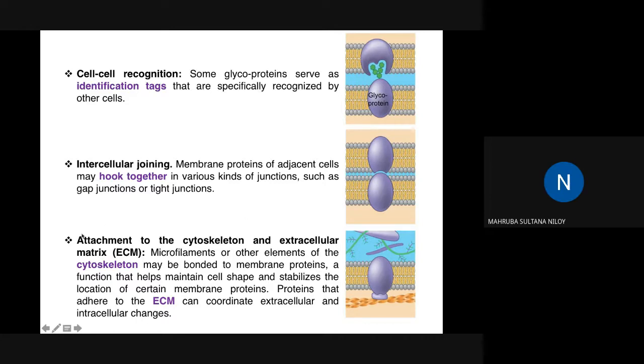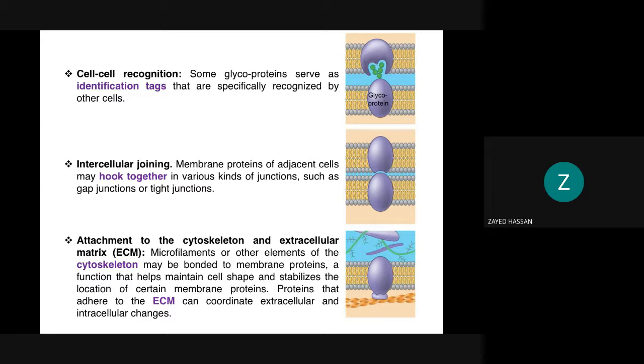Okay. The last one. Can anyone tell me the last function? Basically, the cytoskeleton or even the microfilament tubes can get attached to the proteins, which usually helps with maintaining the cell shape and stabilizing the position of specific membrane proteins.